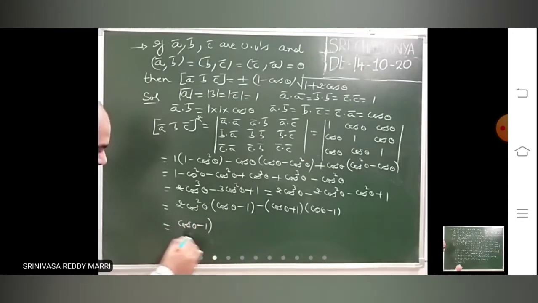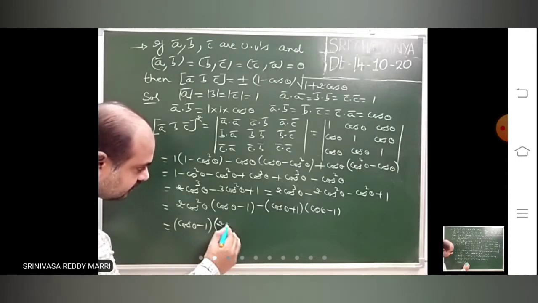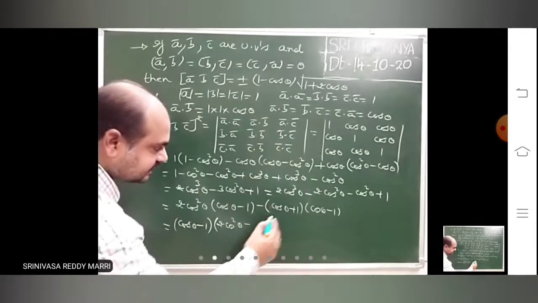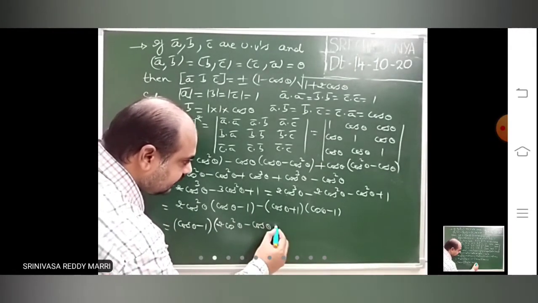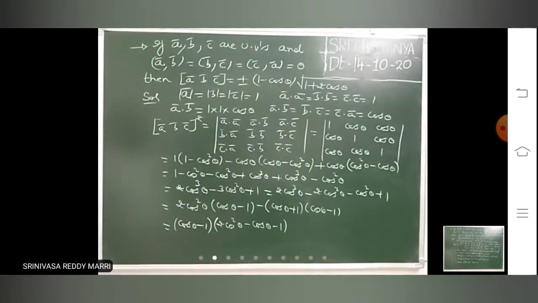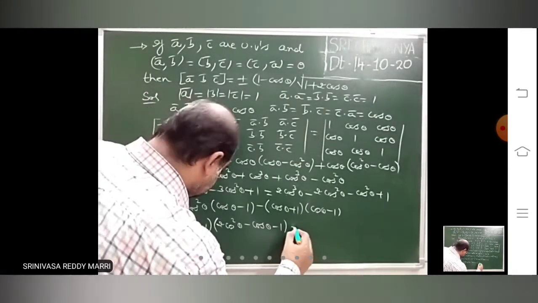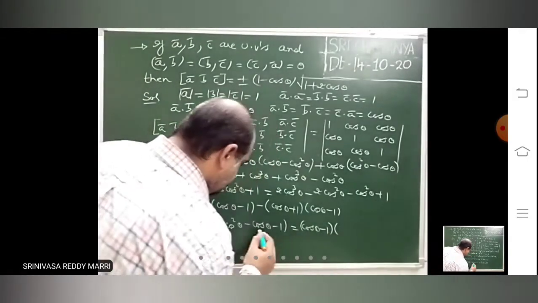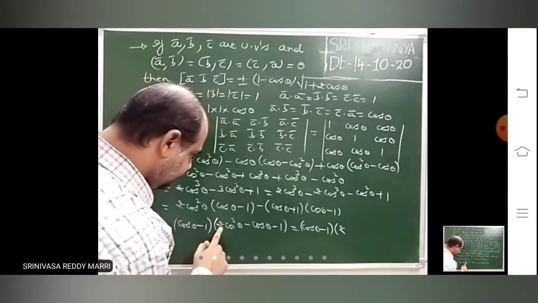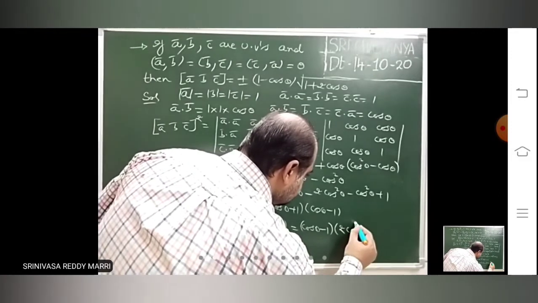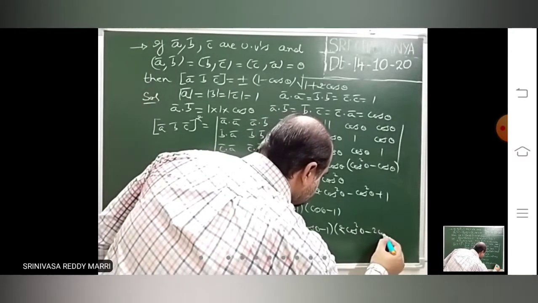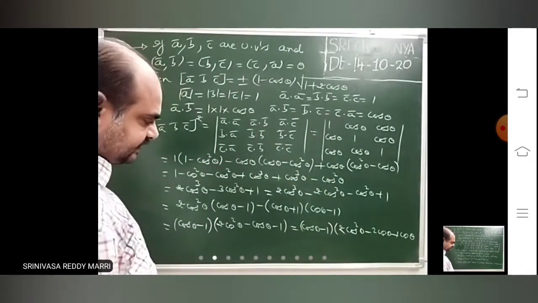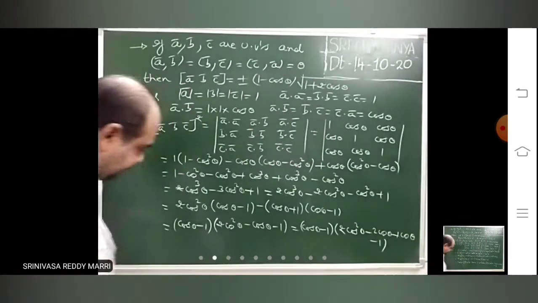So I can take cos theta minus 1 common into (2 cos square theta minus cos theta minus 1). Factorize this: it becomes (2 cos theta plus 1) into (cos theta minus 1).